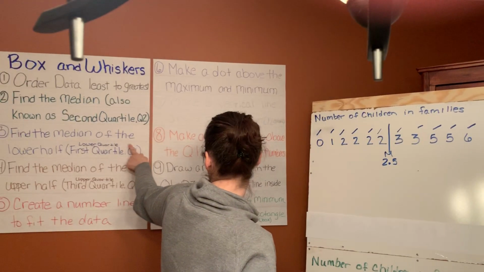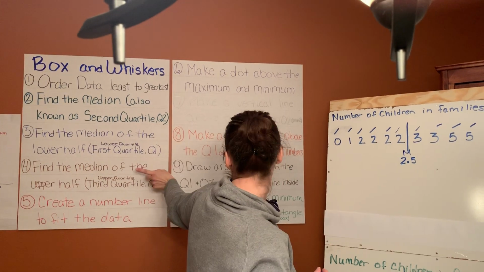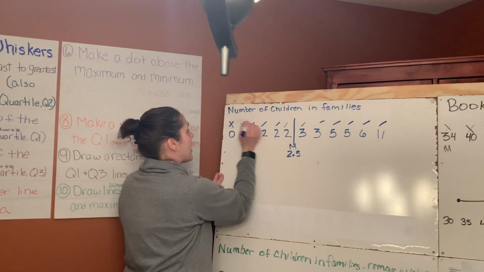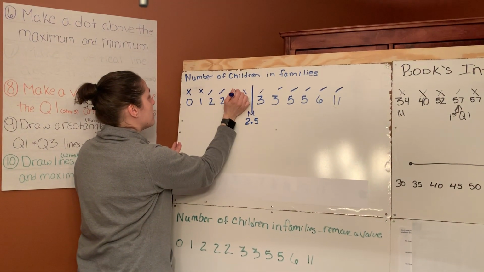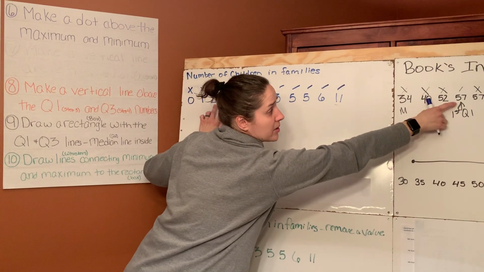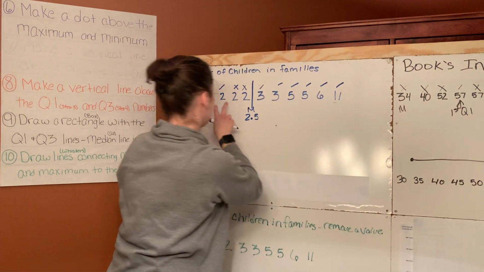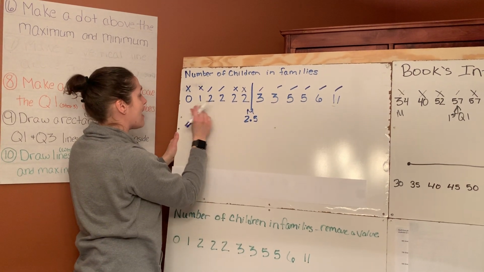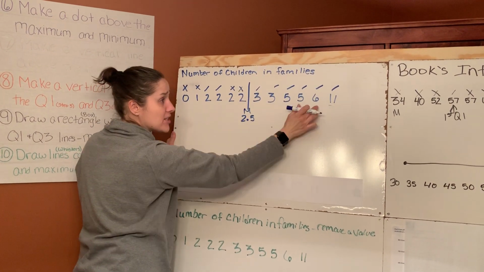Then I find the median of the lower half and the median of the upper half. Just like before, lower half medians, crossing one off on the left, one off on the right. But notice here, in our first example, it was an exact number, but for this set of data, because of how many numbers I have, 1, 2, 3, 4, 5, 6 on each side.